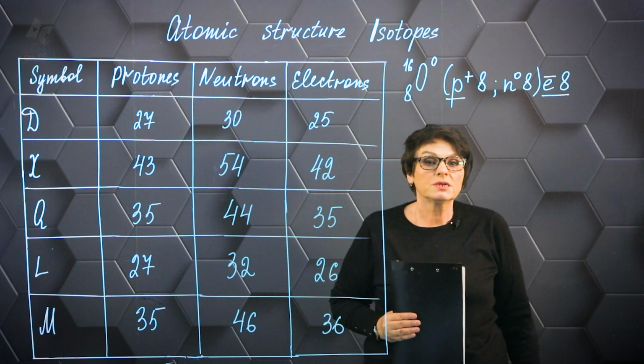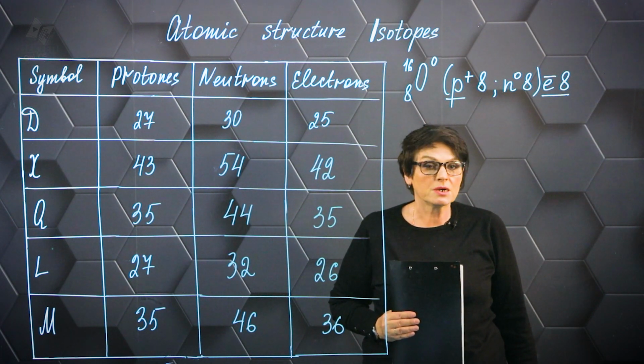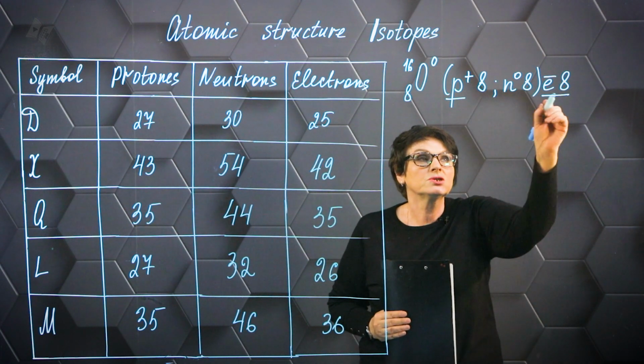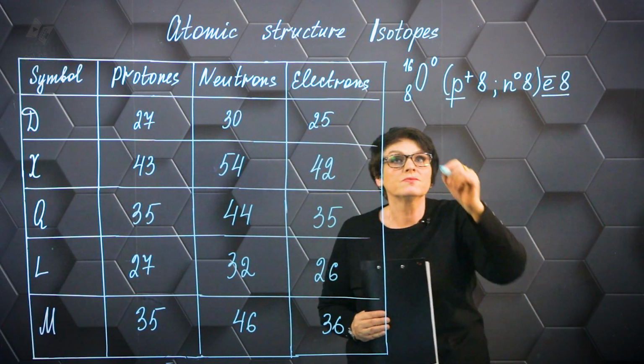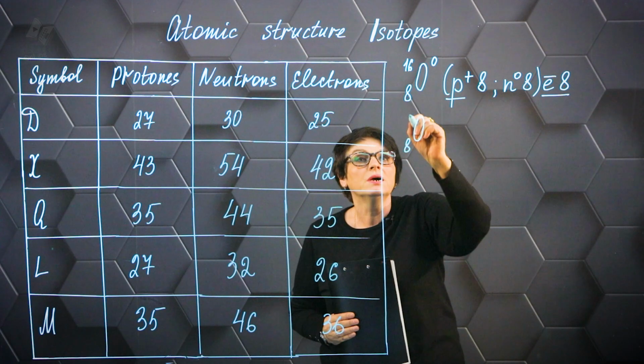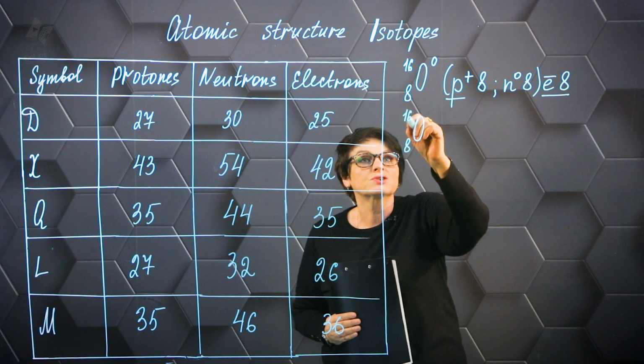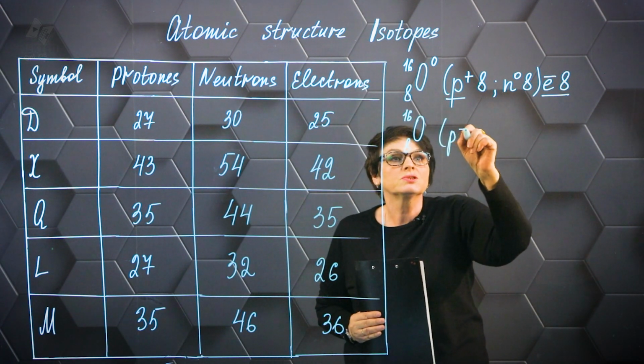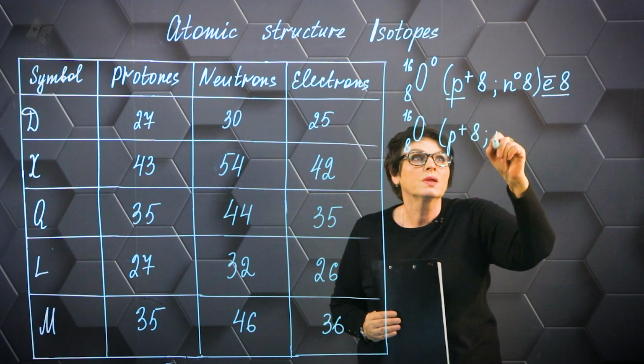Since there are an equal number of protons and electrons, let's say, and if we have oxygen with number 8, mass 16, and it will have 8 protons, it will have 8 neutrons, and let's say electrons will become 10. How is this possible?